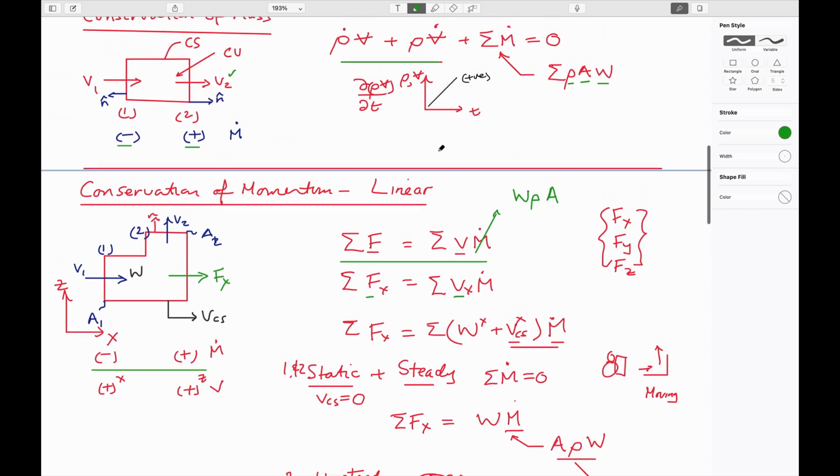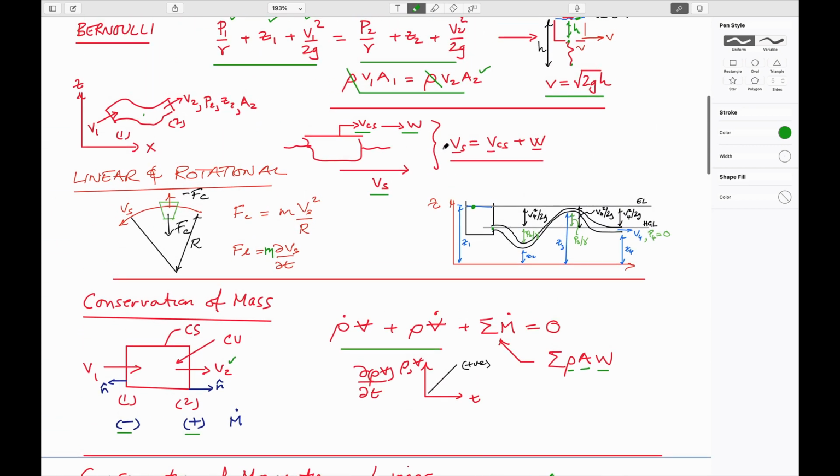And so we know from previous, from this idea, that a static velocity, the velocity you see water coming out of this cannon at, is equal to the velocity at which the boat is traveling plus the velocity it comes out of the nozzle and goes forward, so that this relationship is true.